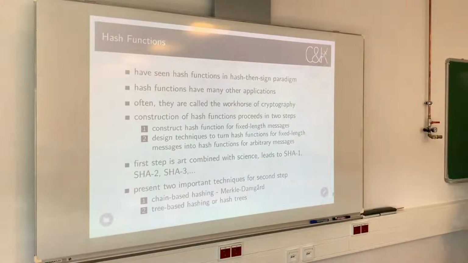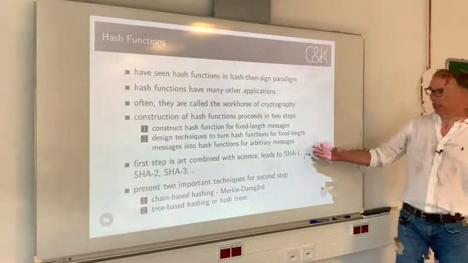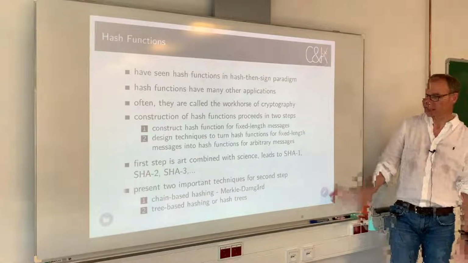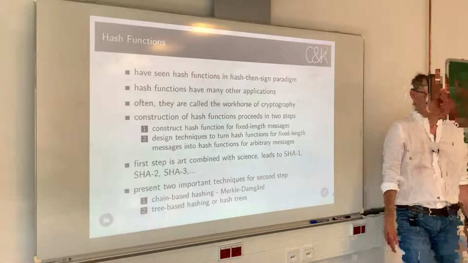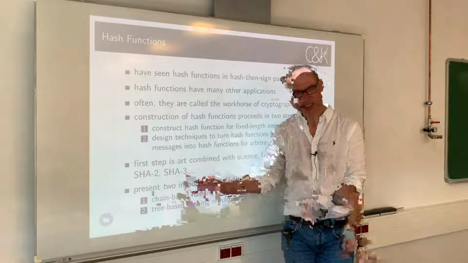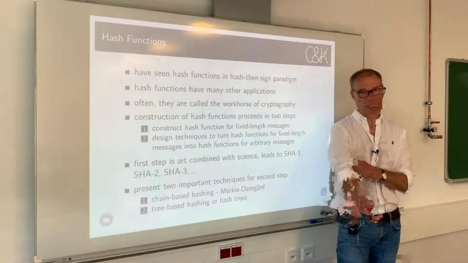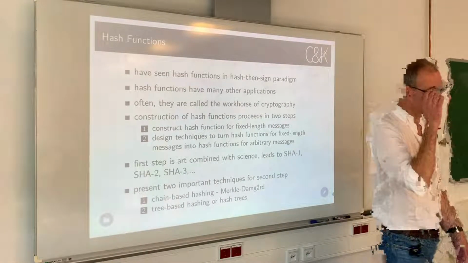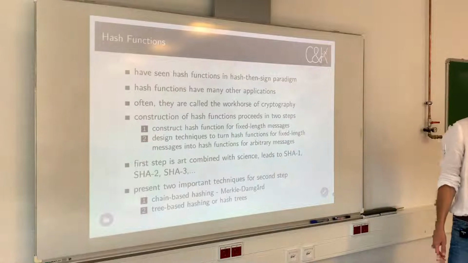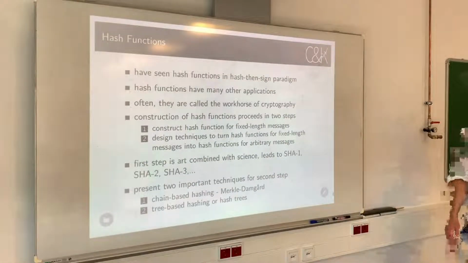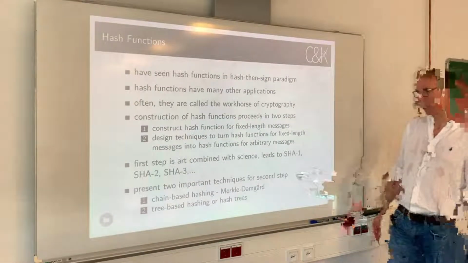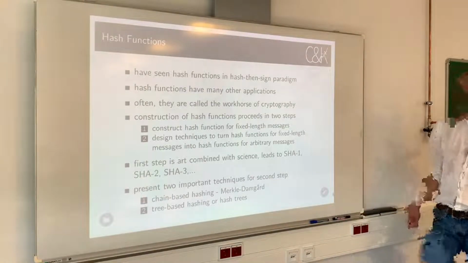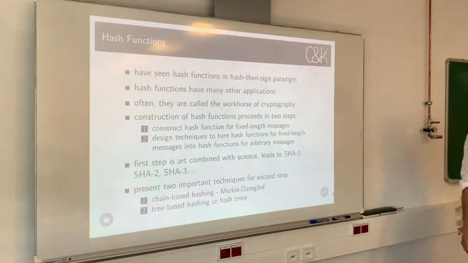The first, as I said, is art combined with science, and that leads to things like SHA-1, SHA-2, SHA-3, and many others. SHA-3 actually is a little bit of an exception because SHA-3 can immediately lead to hash functions that are defined on messages of arbitrary length. And we present two important techniques for this step: the chain-based hashing and the tree-based hashing, or so-called hash trees.